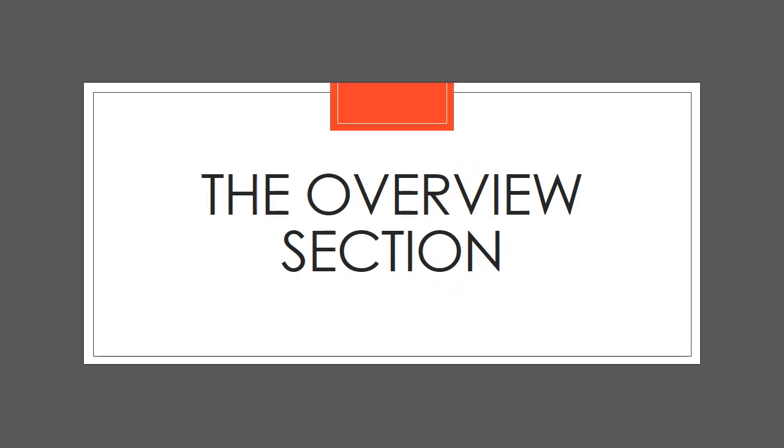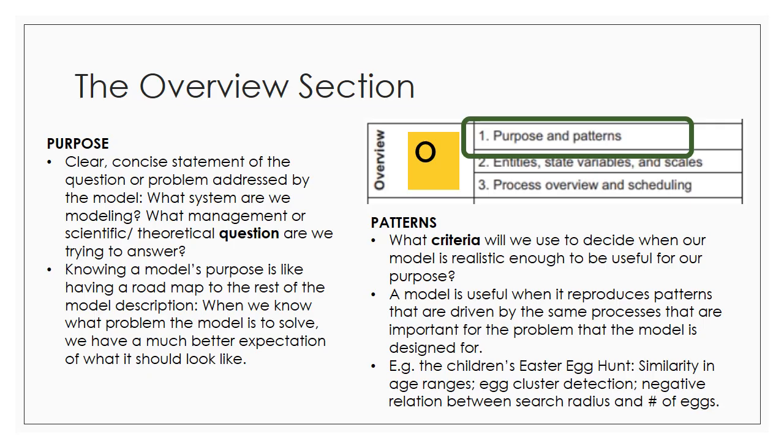Let's look at each section in more detail. We're starting with the overview section. The overview section contains three items: purpose and patterns, entity state variables and scales, and process overview and scheduling.